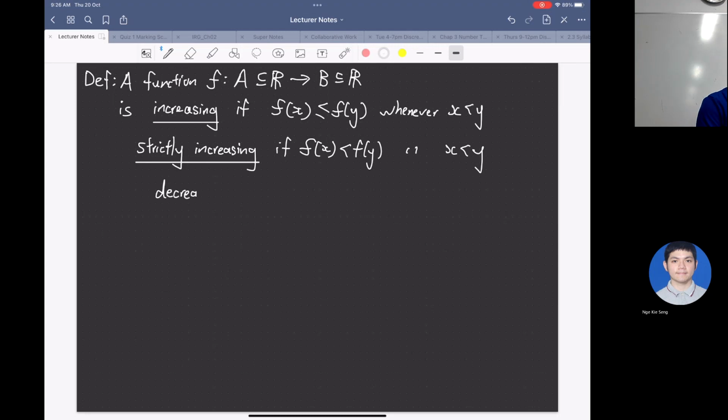And decreasing if f(x) greater or equal to f(y), and strictly decreasing.